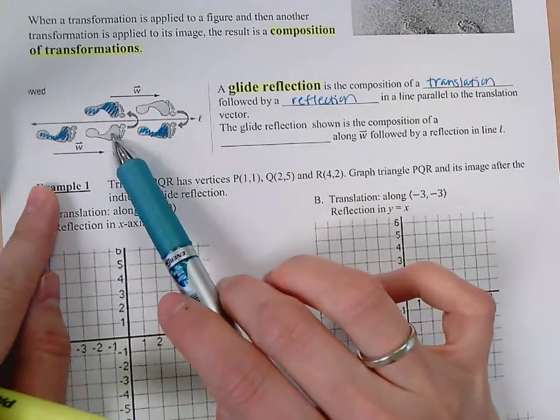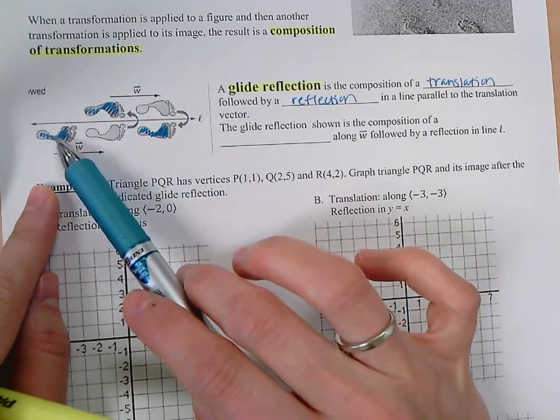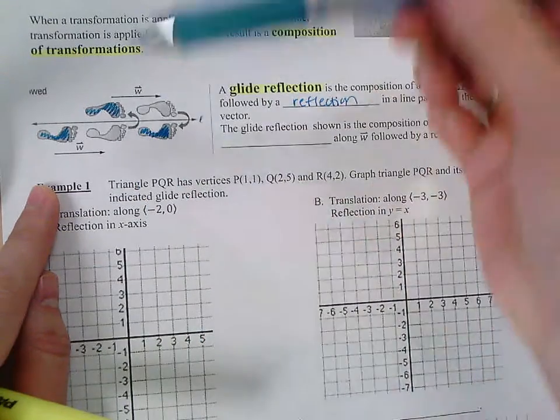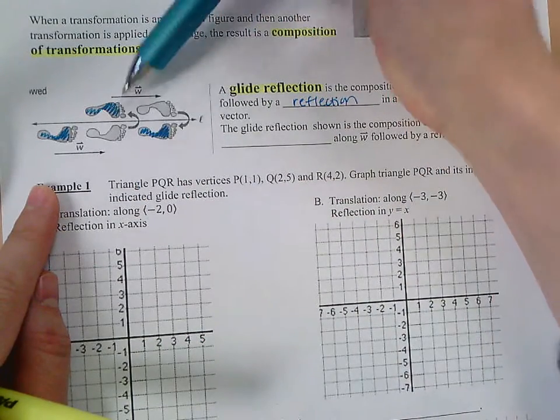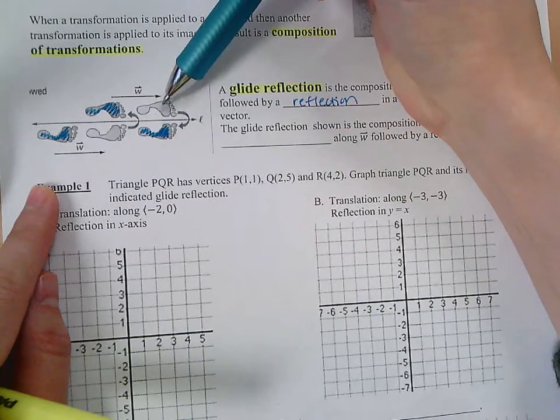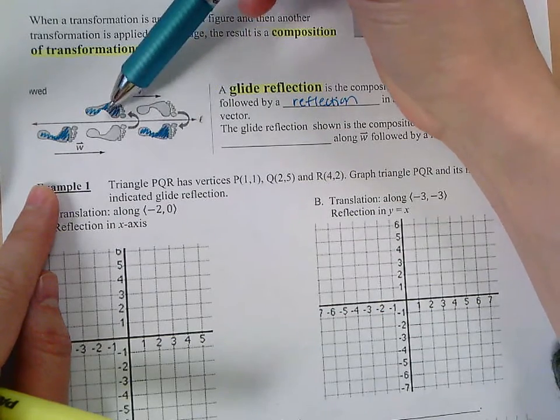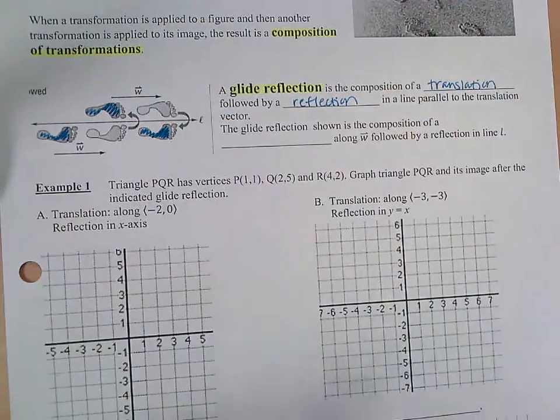So I could do a translation and then a reflection, and that would get me from here to here. And then same thing from this footprint to this one, I could translate this one up and then reflect it over. That's a glide reflection. When you have a translation followed by a reflection, that's a glide reflection. Think gliding, you're kind of moving and then reflecting.